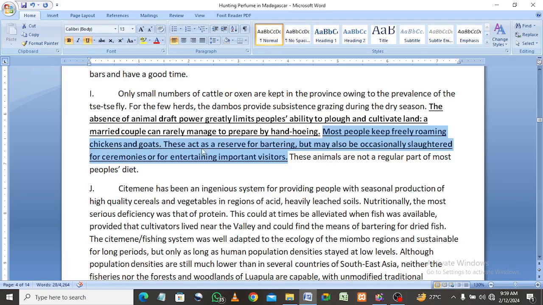These act as a reserve for bartering, but may also be occasionally slaughtered for ceremony or entertaining important visitors. So you find that it is when they have a ceremony or when they have important visitors that they slaughter goats and chickens.